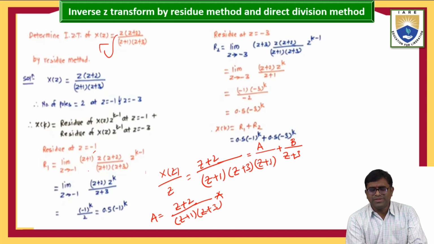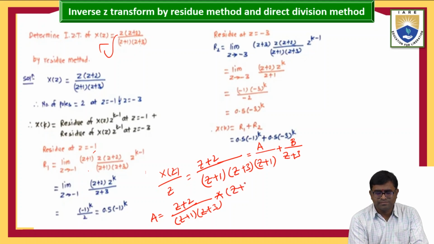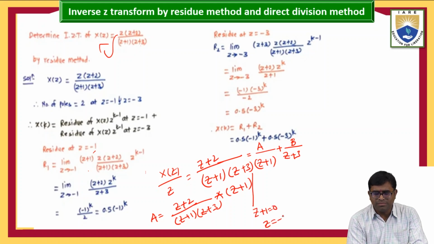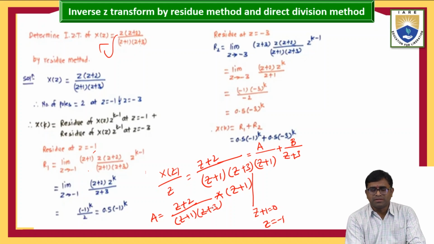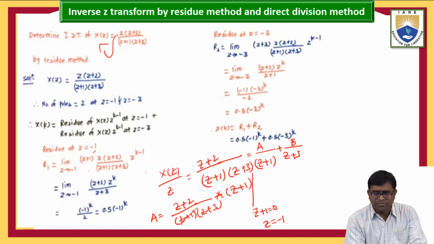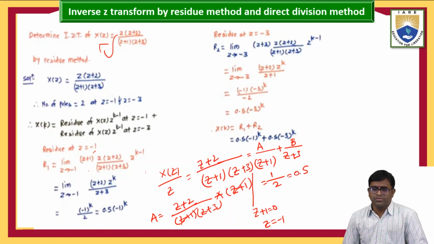Multiply with z plus 1 and substitute z plus 1 equal to 0, that is z equal to minus 1 in this function. The z plus 1 cancels. Substituting z equal to minus 1, it is 1 by 2, so a equal to 0.5. Similarly for b.